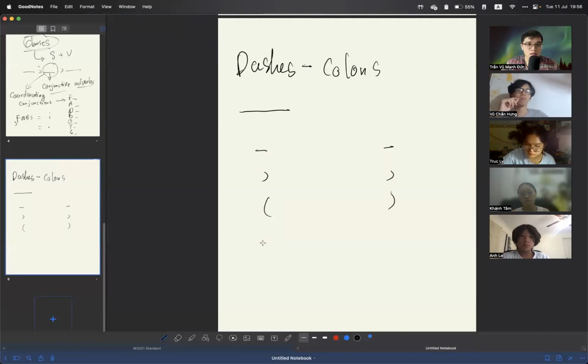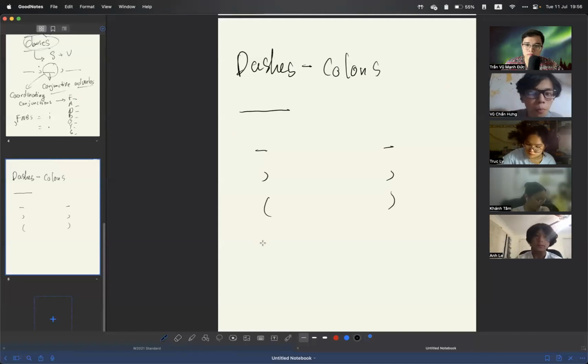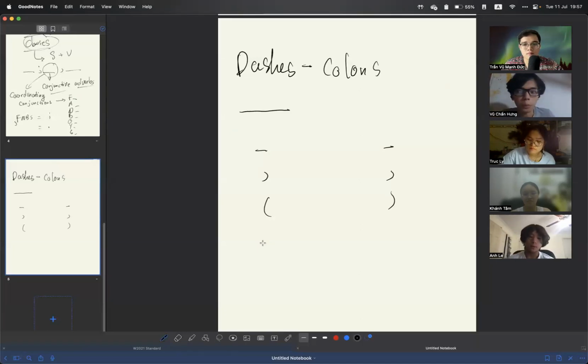So what about colons? They just introduce lists. Can I give out definitions? Kind of like explains. Like it gives an example.